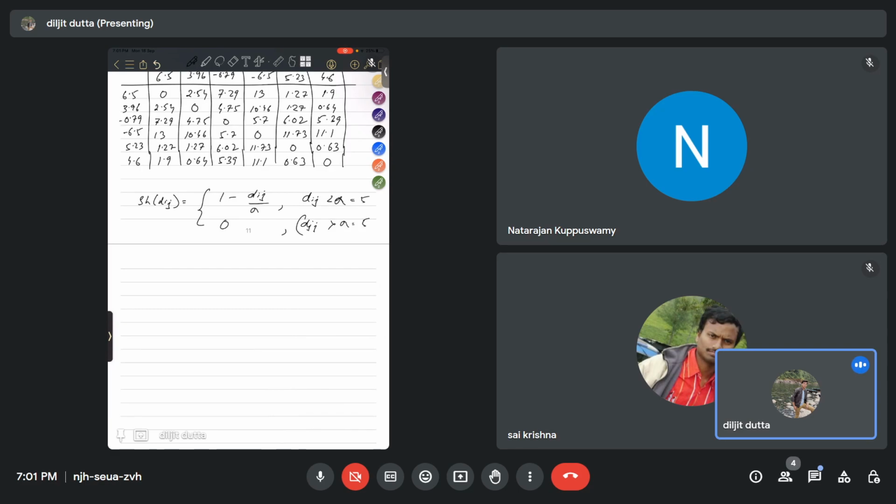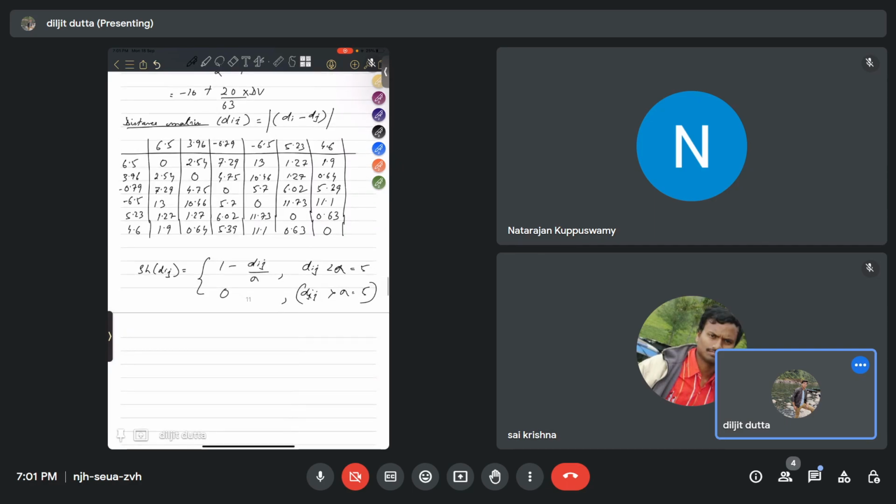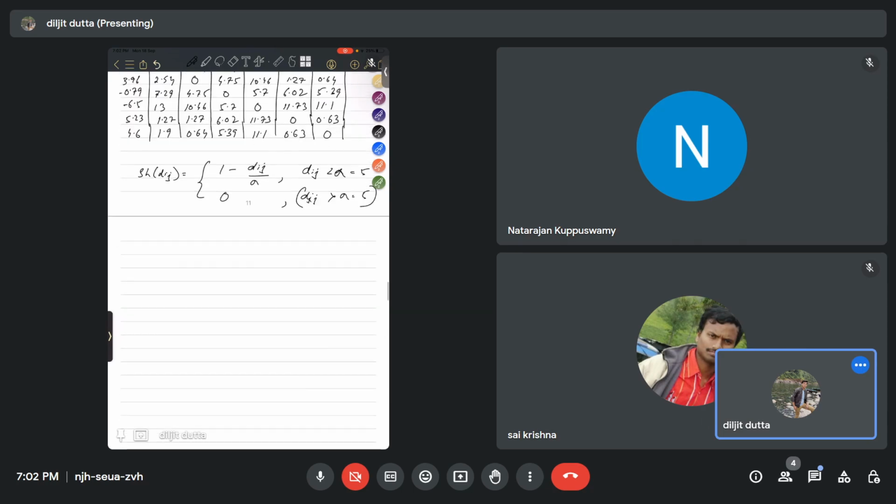So if dij is greater than 5, we will replace the sharing function value with 0. If it is less than 5, we will put some value. Sharing function means that if solutions are close by, it will have a high value of sharing function, and if the solutions are far, the sharing function value will be low.